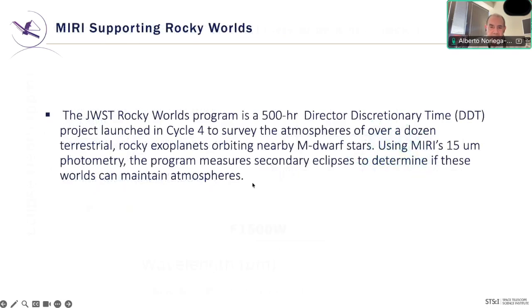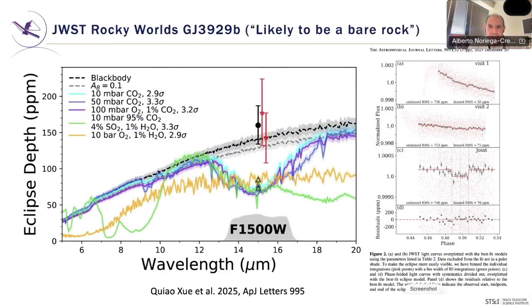In this case in particular, this is an article from Quail that shows that GJ 1132b doesn't have an atmosphere, right? Which is one of the goals of the Rocky Worlds program: to observe these objects and see if we can detect an atmosphere. And at 15 microns in this case, it looks like this. No, that's a black body.